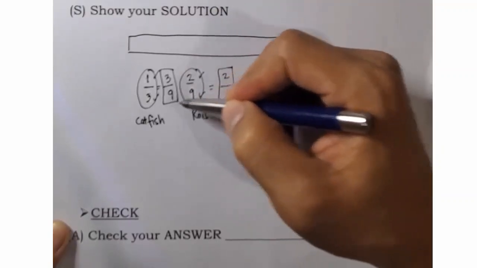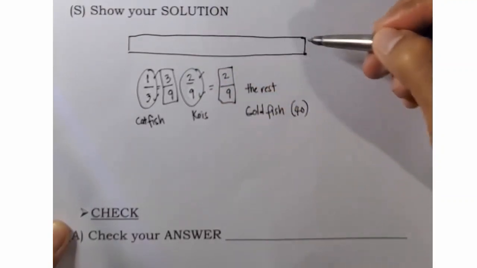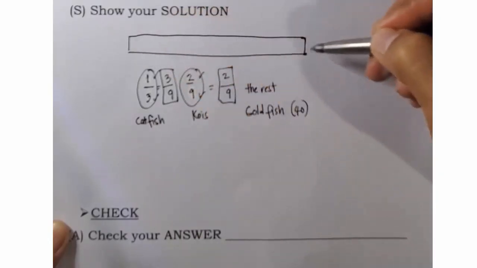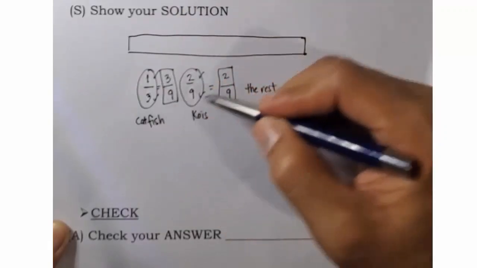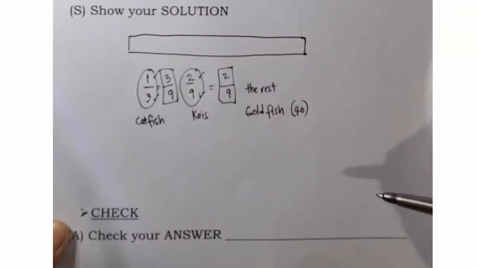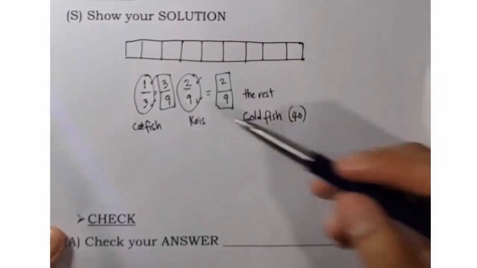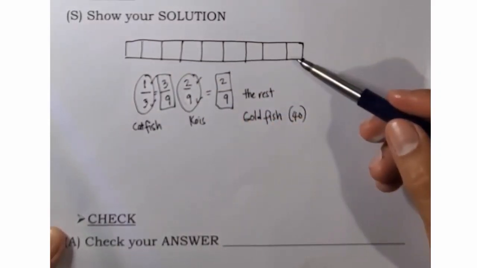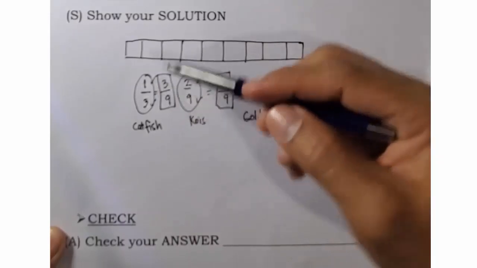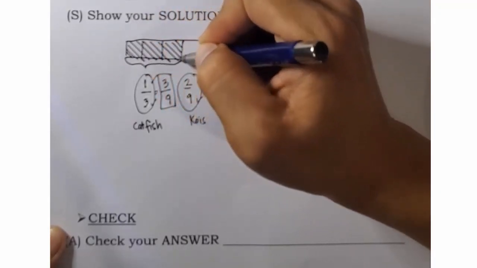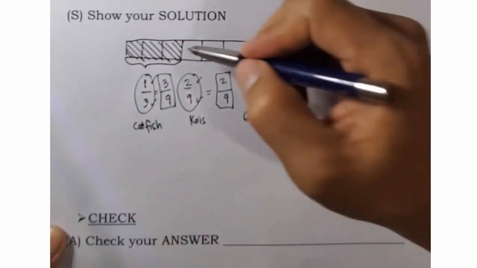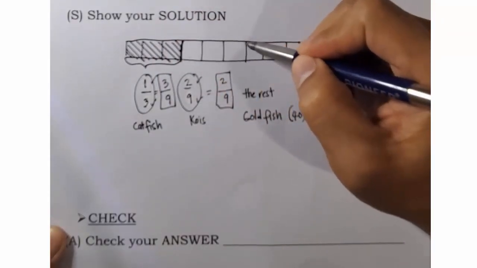Because they now have the same denominator of 9, we will divide this whole model or whole block into 9 equal parts. 3 parts will be for catfish and 2 parts will be for kois. After we have divided the whole block into 9 equal parts, 3/9 here would represent the number of catfish, which is also equal to 1/3 because every third has 1, 2, 3 parts.